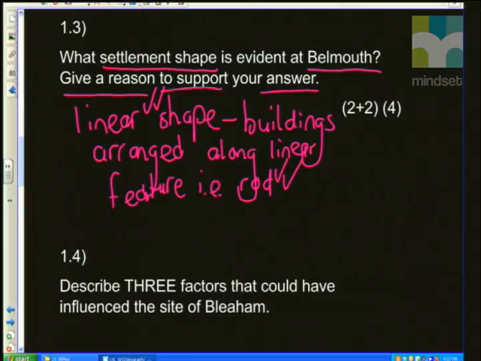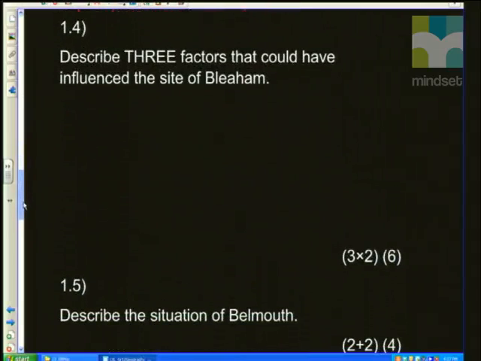Let's have a look at the next question. It asks you to describe 3 factors that could have influenced the site of Bleum. Just pay careful attention to the instructions that you must follow when you're answering your questions.